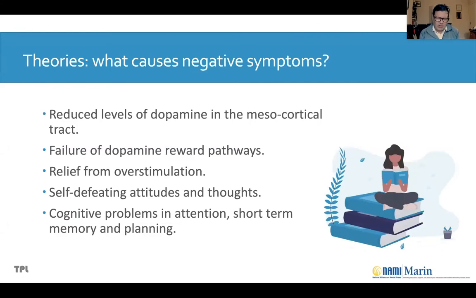So thinking about what's happening in the brain in people with negative symptoms, there are a number of different components to this. Now, the first thing is that this crucial chemical of dopamine seems to be reduced in activity in the prefrontal and frontal brain areas.